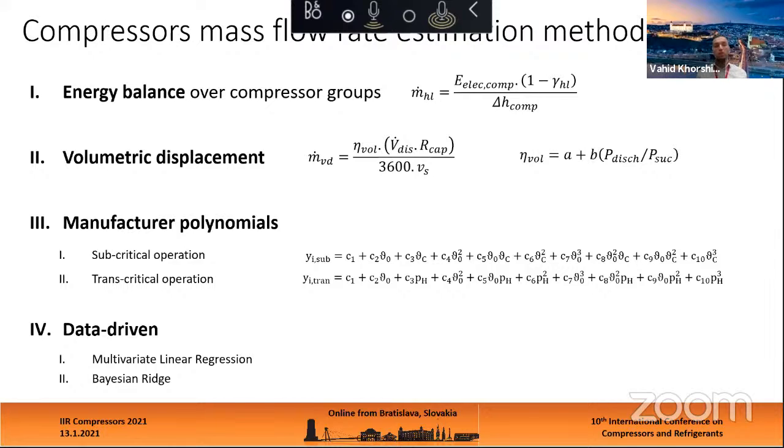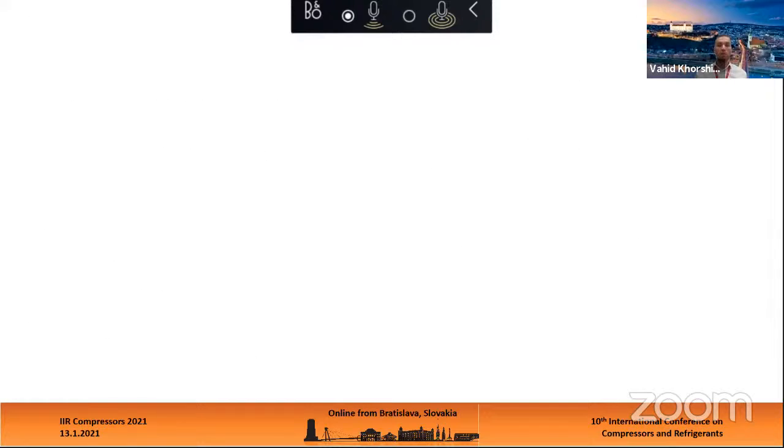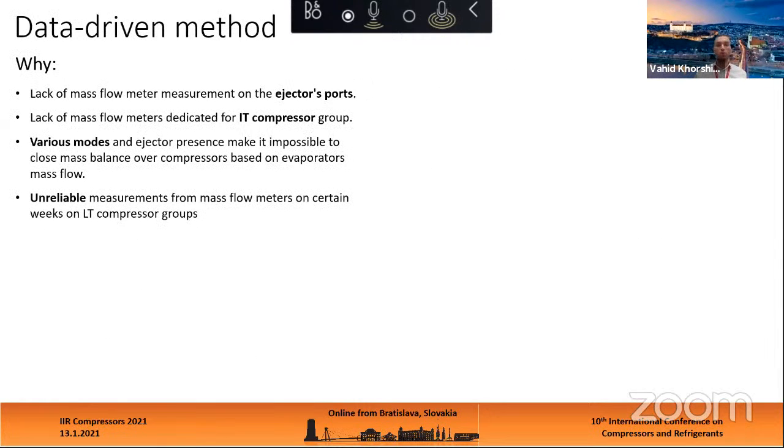Data-driven methods were also used. We have several methods to use when we have data and we are trying to do regression. The two methods that we used and got the best results with were multivariable linear regression and Bayesian ridge. So regarding the data-driven method, why did we use it? First of all, we had a lack of mass flow meter measurement on the ejector ports.